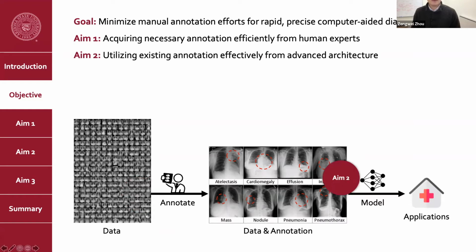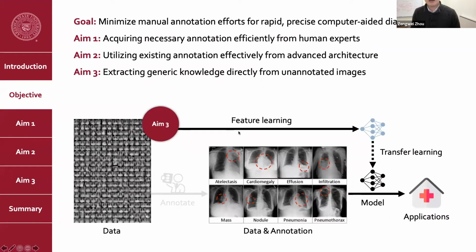Second, with a certain amount of annotation, I utilize this annotation efficiently by designing advanced deep neural network architecture. And finally, extract the generic knowledge directly from the unlabeled, unannotated images.